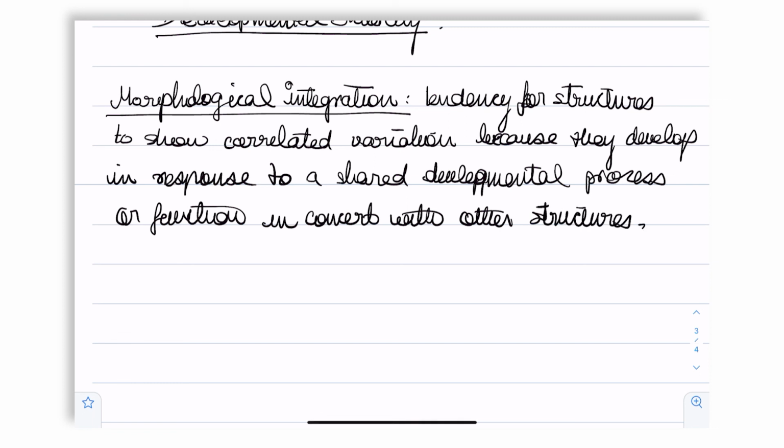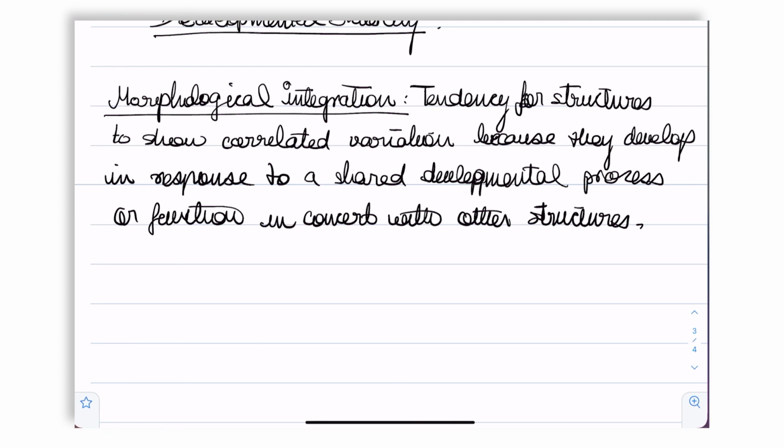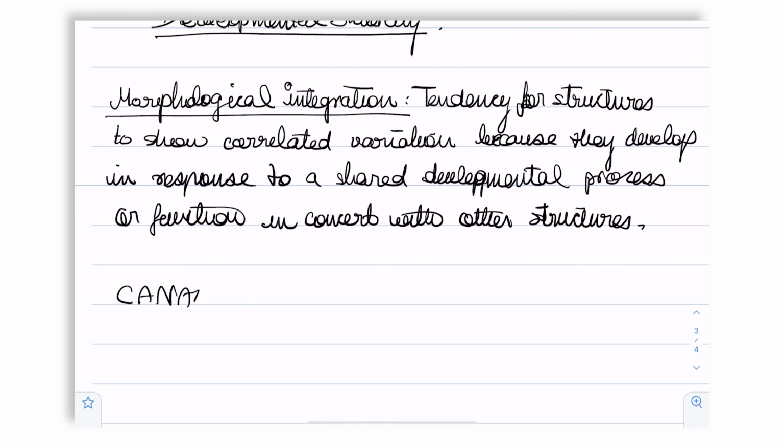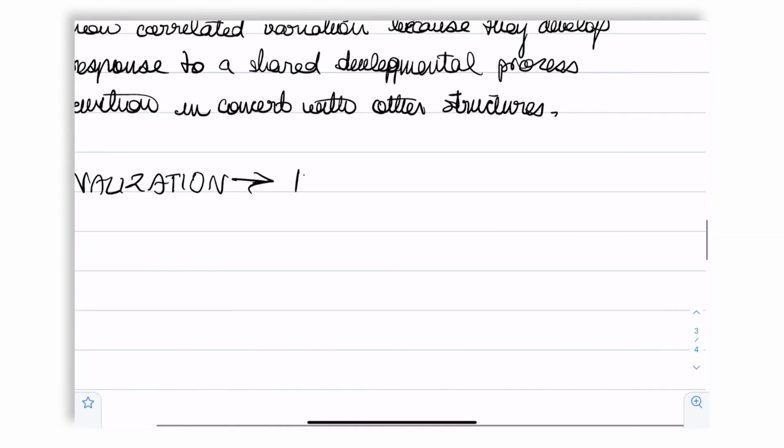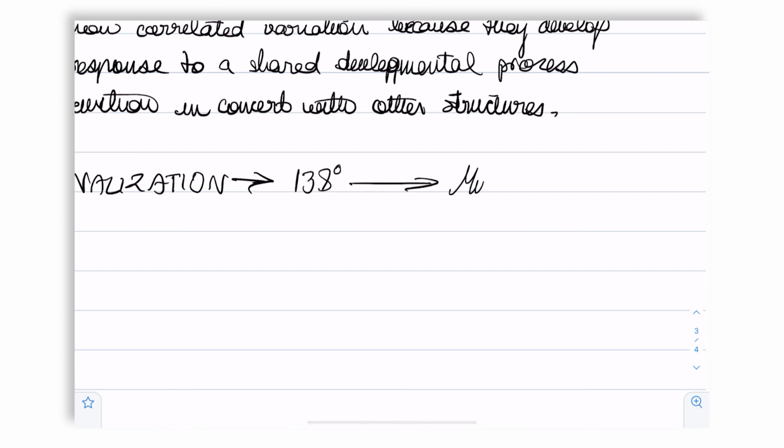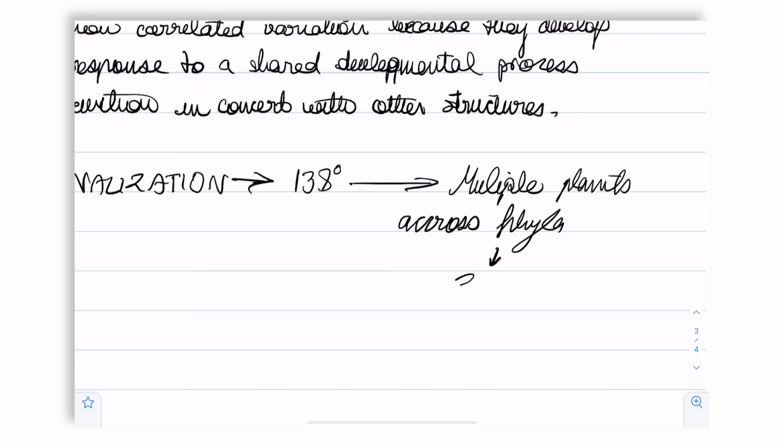Now, what do we mean by this? So, on the one hand, canalization means, in the case of phyllotaxis, that the angle that we talked about earlier of 138 degrees shows up in multiple plants across phyla, geography, and environment.